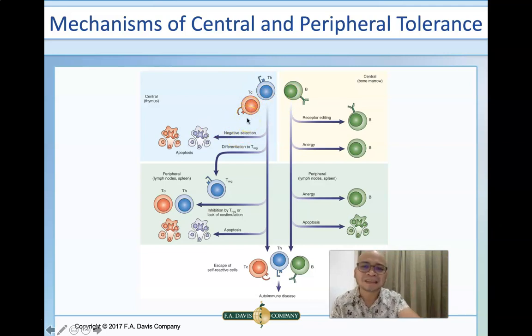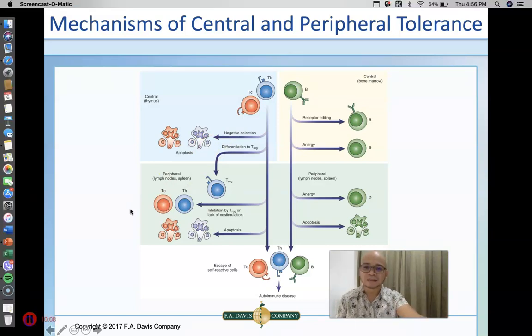However, there is some type of T cell, a T helper cell or CD4, that instead of undergoing negative selection and apoptosis, is differentiated to Treg. Treg is an example of the T regulatory cells.